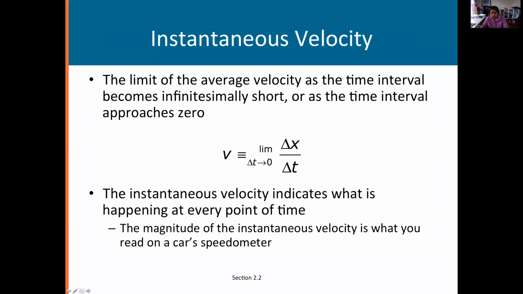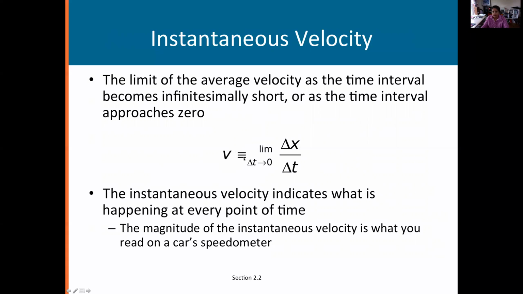And if I make the change in time very, very, very small, approaching zero, then I can say that in the limit delta t tends to zero, this is how you read it, in the limit delta t tends to zero, delta x over delta t is going to give me the instantaneous velocity. Yeah? And this is bold, this is still a vector quantity.